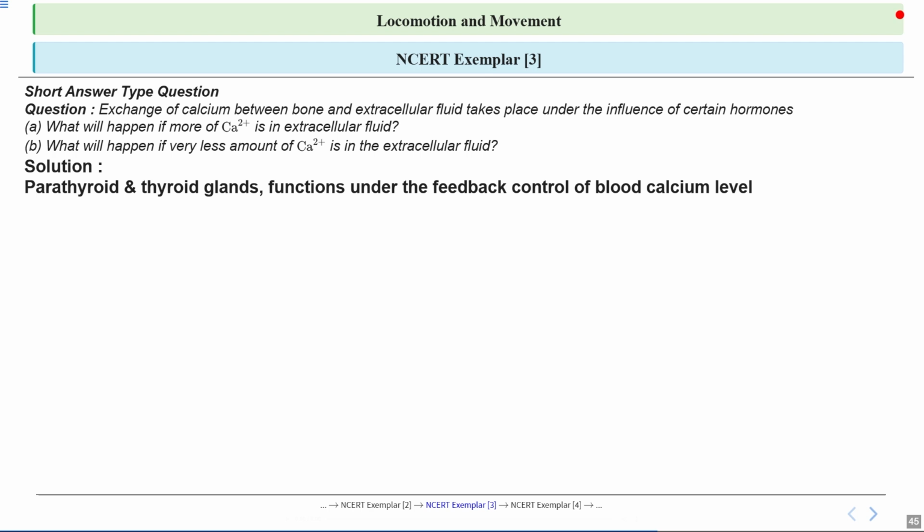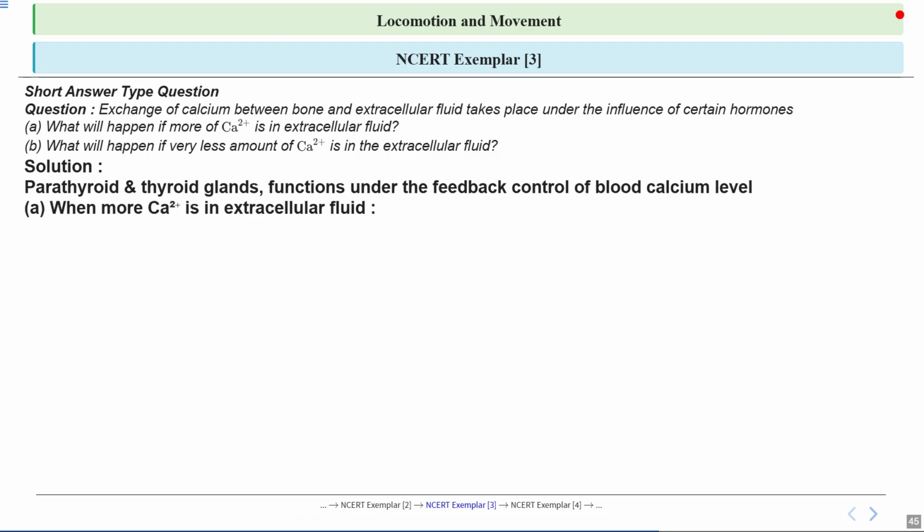The thyroid gland, specifically the parafollicular cells, releases calcitonin when blood calcium is high, which lowers calcium levels by inhibiting bone breakdown and increasing calcium excretion in urine. So this balance ensures stable calcium levels in the body, essential for nerve and muscle function. Let's see the next point.